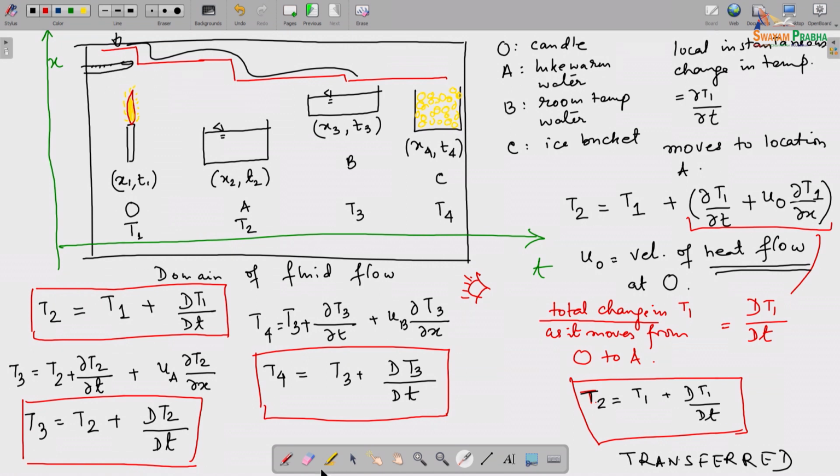So, the Lagrangian form is essentially this one.